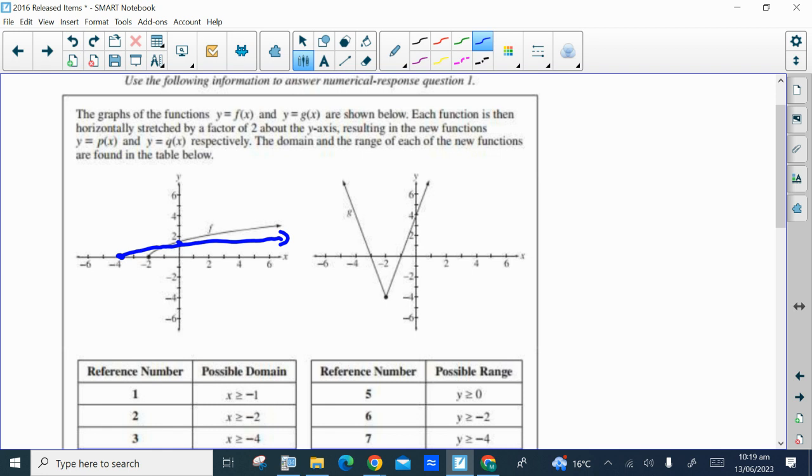Something like that. And so the domain of that will change, I should say. It'll go from -4 to positive infinity. The range will go from 0 to positive infinity.